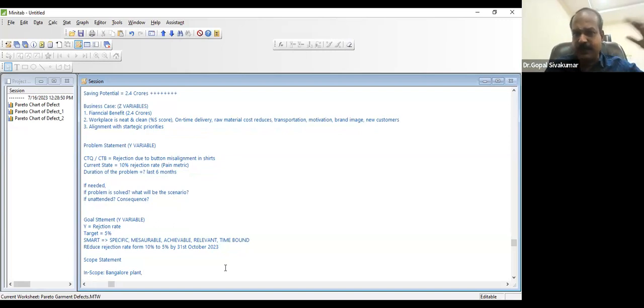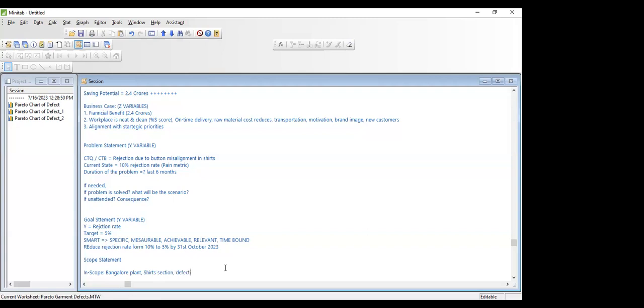Chennai also there is a plant, Bangalore also there is a plant, Mumbai also there is a plant, and everywhere shirts are getting produced. Everywhere the problem is happening. But in which plant we are working? Only Bangalore plant. If you are a green belt, normally your project is limited to your current department only. Sometimes, if you are maybe working on a higher level project, this scoping is also important. Bangalore plant, and particularly shirt section.